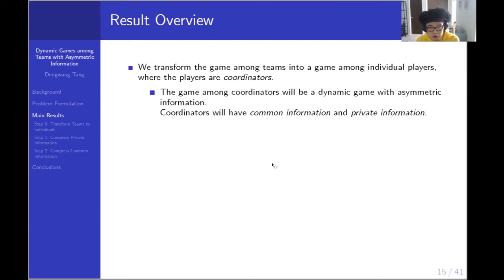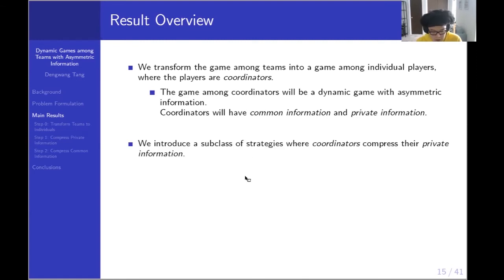These coordinators will have some information in common and some information of their own, which is called private information. Doing this transformation allows us to simplify the problem by taking advantage of the significant amount of common information among teammates.